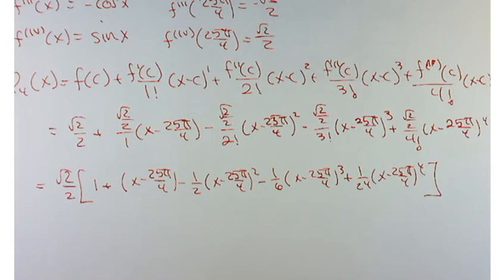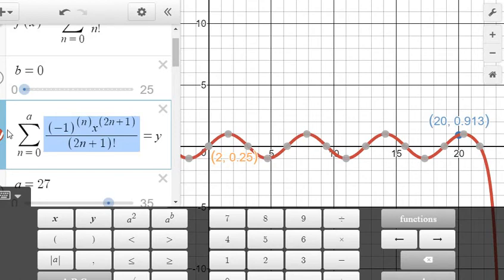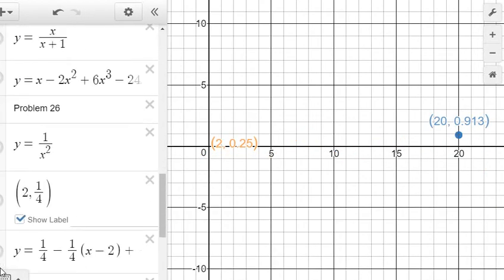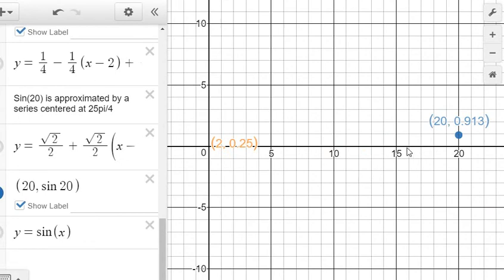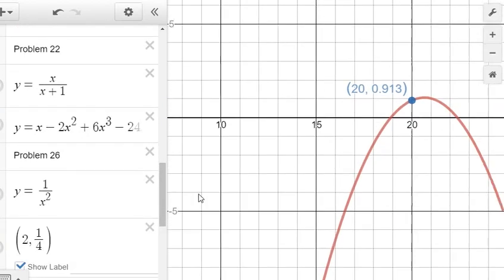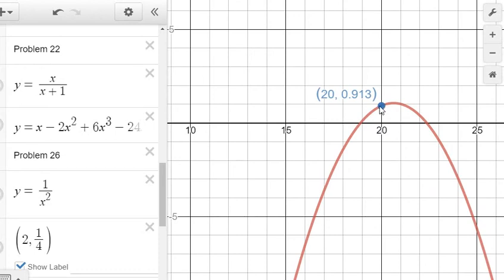Let's see how our polynomial did. So let's shut this one off and go down here. So here's our point. There's our polynomial. Now, it's not really good near 0, but it looks pretty good out here at x equal 20.